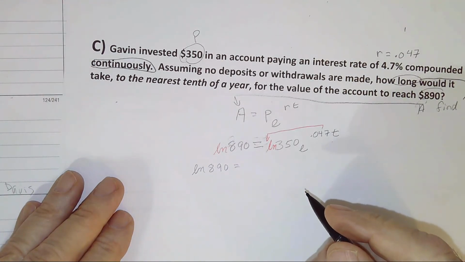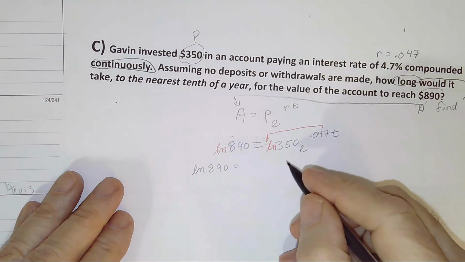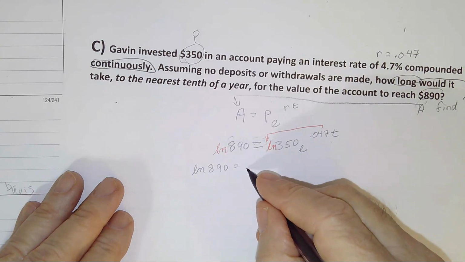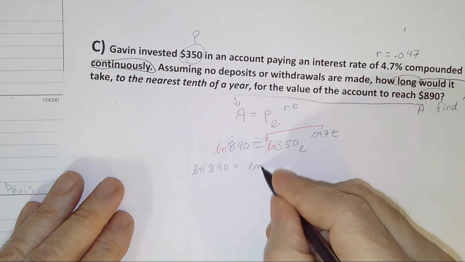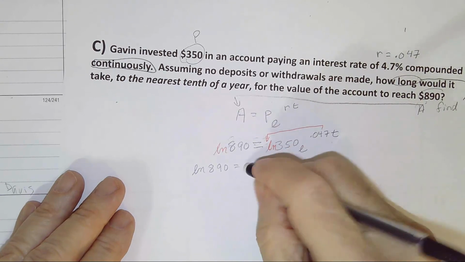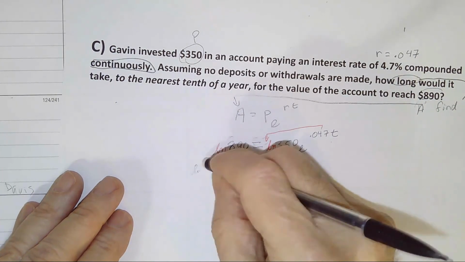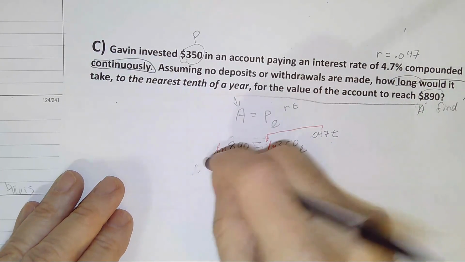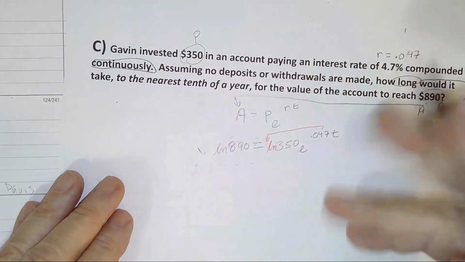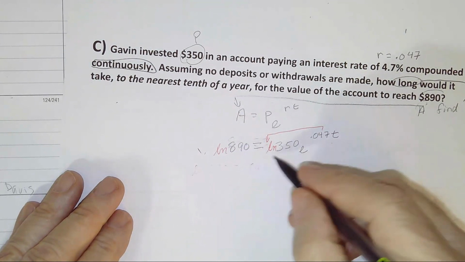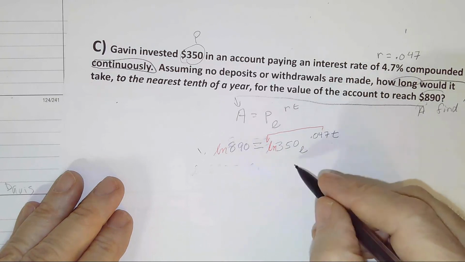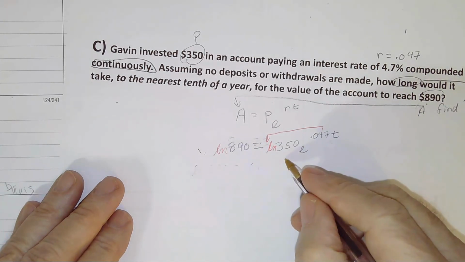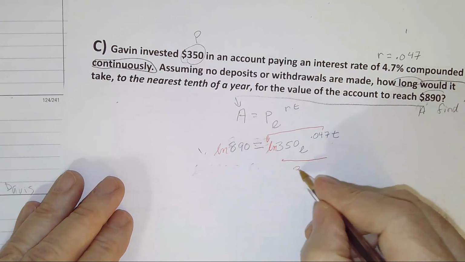Let me go back just a step here. Let's get rid of the 350 before we go into the natural log mode. So I'm going to divide by 350 on both sides.